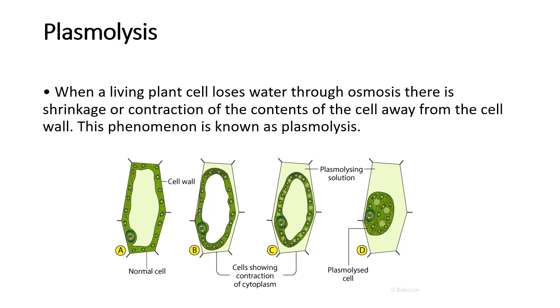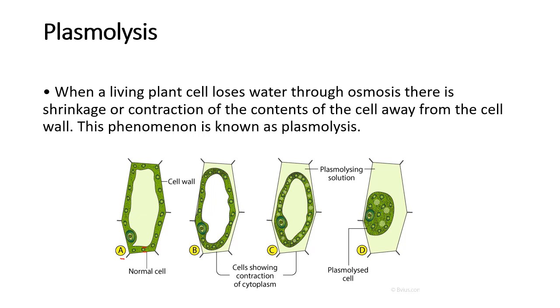So there will be a gap between the cell wall and the plasma membrane. You can see in this diagram. So picture A is a normal cell. There will not be any gap between your cell wall and the plasma membrane. It is attached normally.